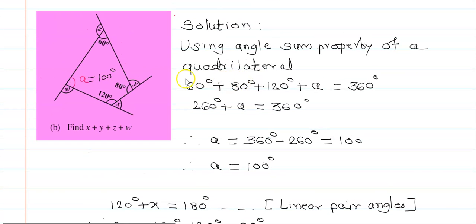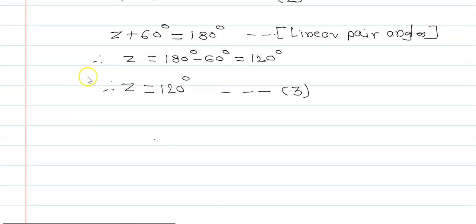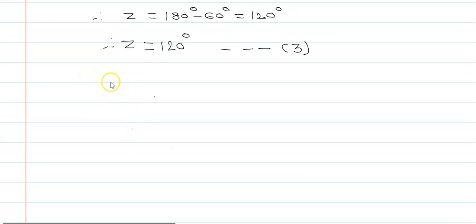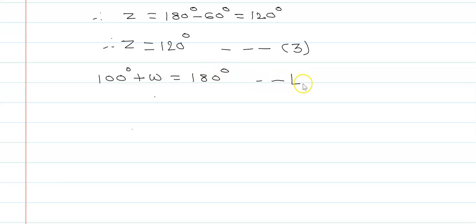Okay, and the last is here 100 plus w, that is equal to 180. 100 degree plus W is 180. Again, there are linear pair angles.